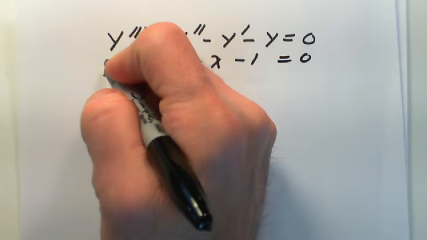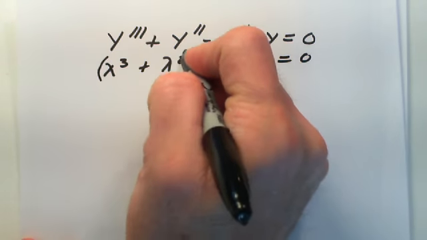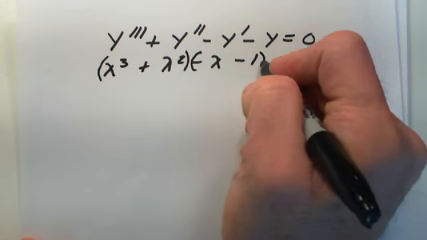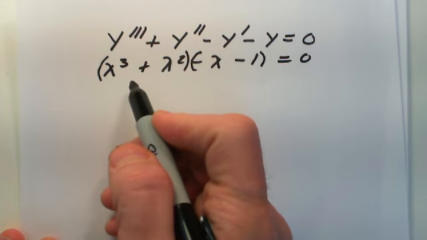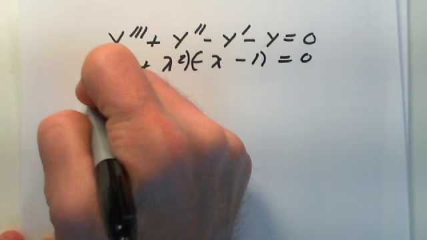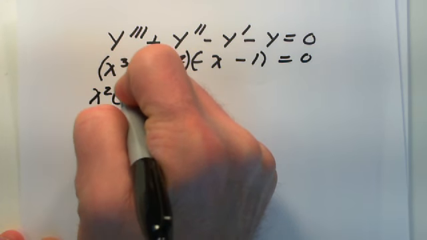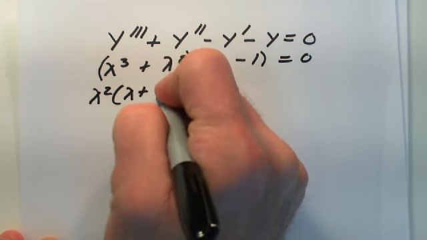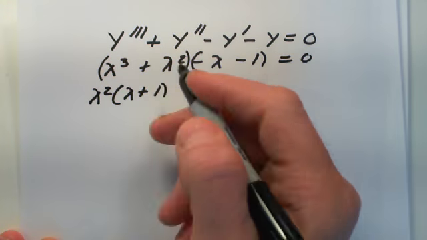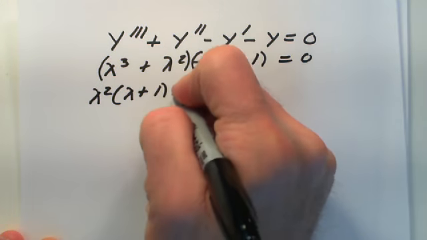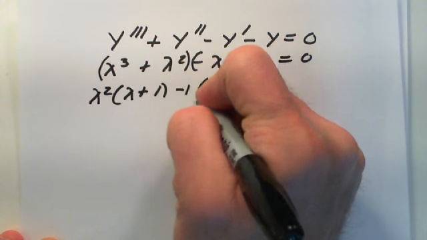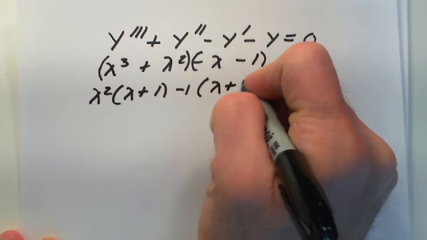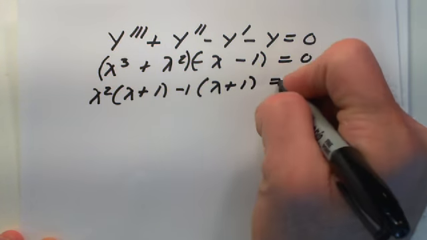What you're going to do with a problem like that is group this, here and here. Again, pull the greatest common factor out of here, which is going to be a lambda squared. That's going to give me lambda plus 1. Again, you want this to be the same, so I'll pull a minus 1 out of here. That's going to give me lambda plus 1, and that's equal to 0.